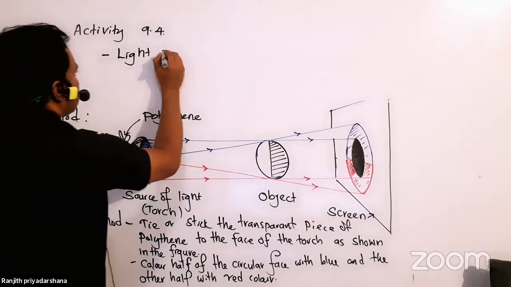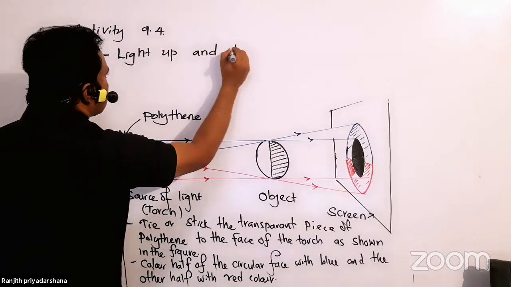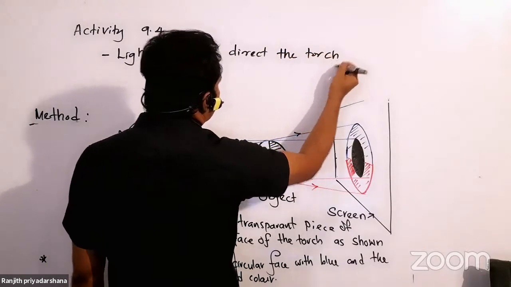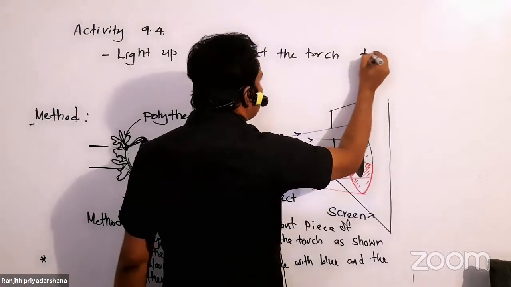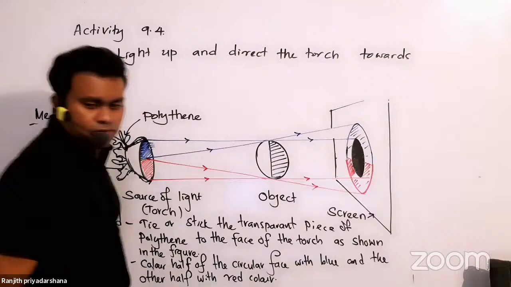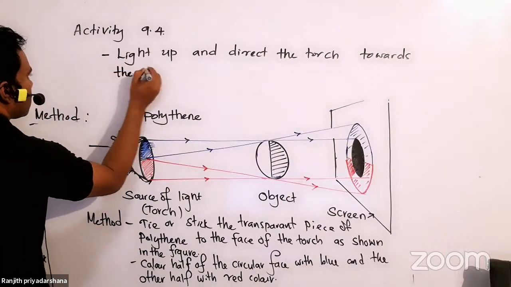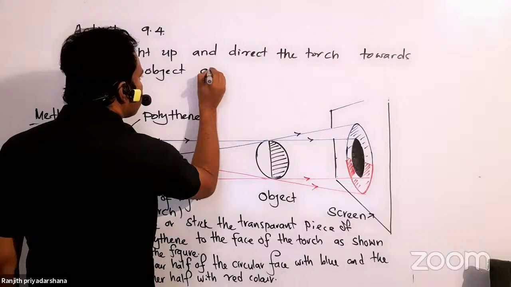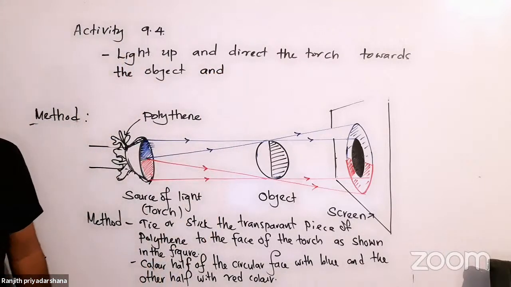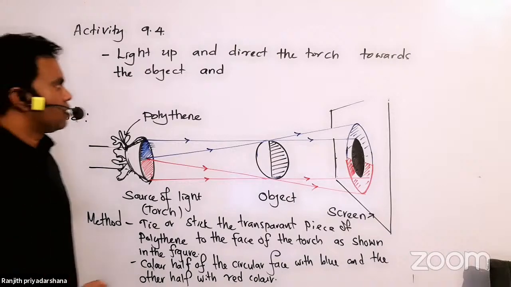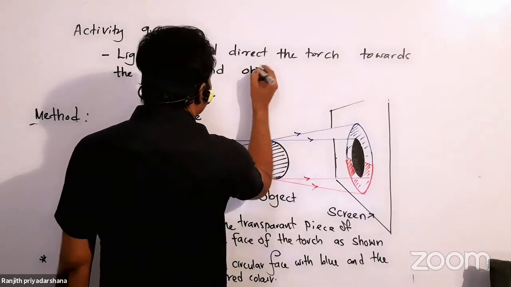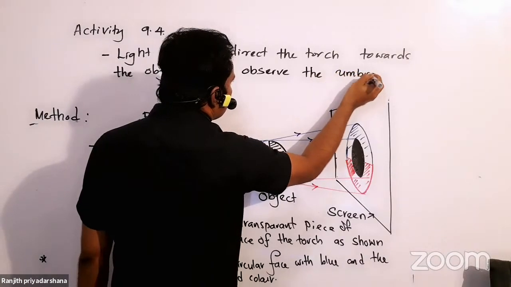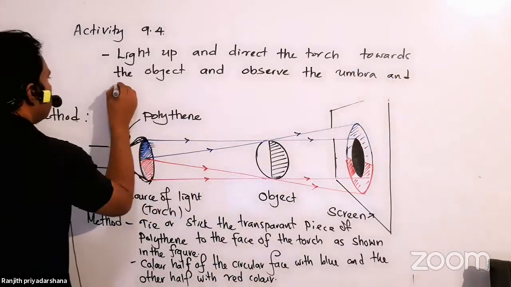Light up and direct the torch towards the object, and observe the umbra and penumbra.